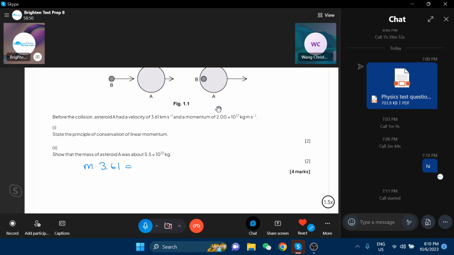You don't know m, right? So, in other words, what do you calculate here, Chris? What is m? That 3.61 is the velocity, right? Yeah, but obviously it's not in the same units, because it's km per second. Yeah, okay, sorry.